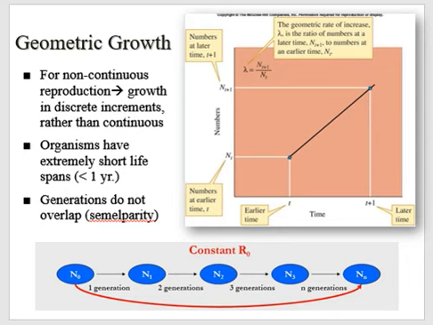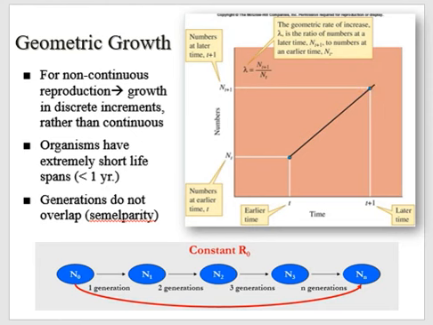So because of that, we can use it to predict population sizes several generations into the future. It also means that you're going to have this steady slope of either increase or decrease in population size, rather than something being exponential or logistic growth, which we'll talk about later in the video series on population growth.